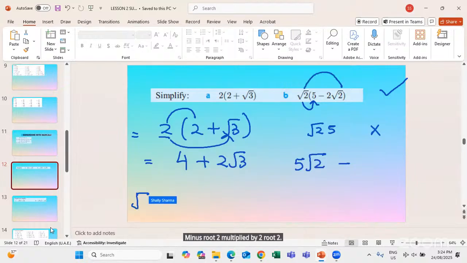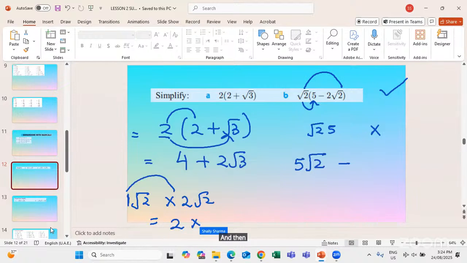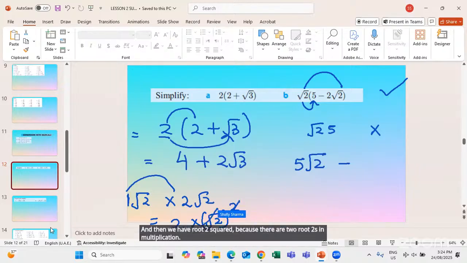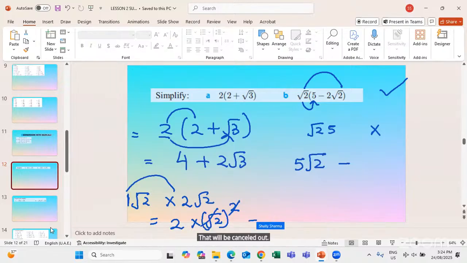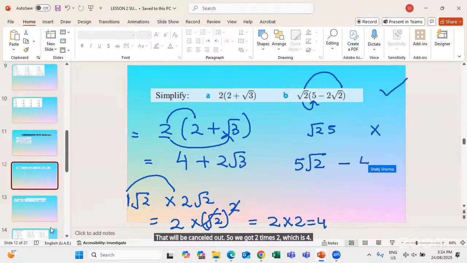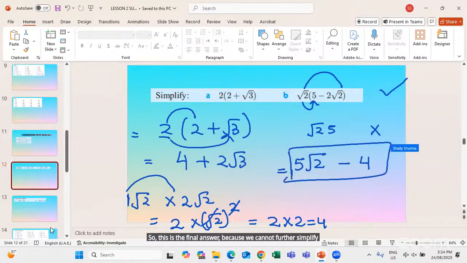Now root 2 times 2 root 2: the non-surd part is 2, and we have root 2 squared because there are two root 2's in multiplication, which cancels out, so 2 times 2 is 4. This is the final answer because we cannot simplify further, as one term has a surd and the other does not.